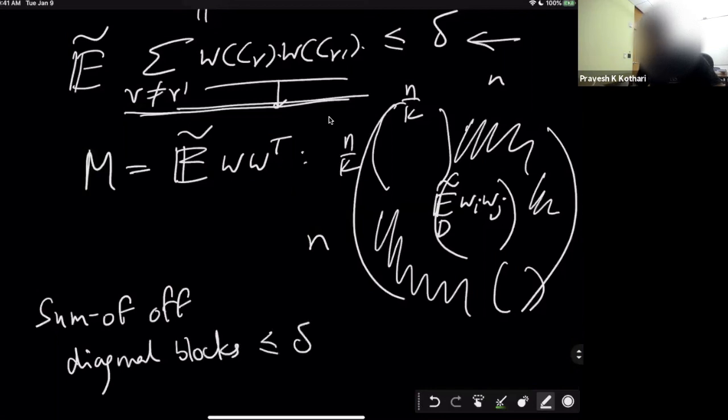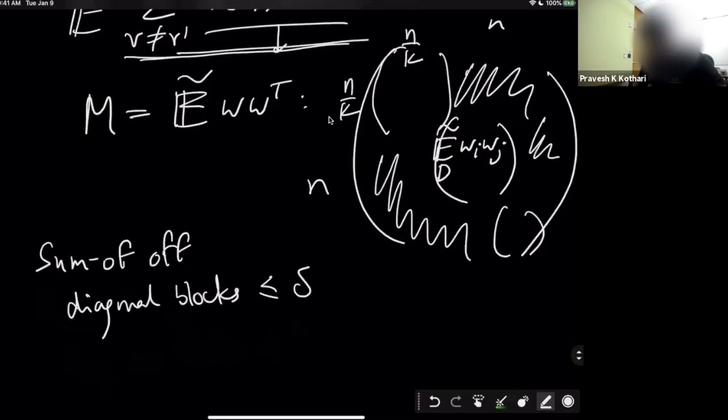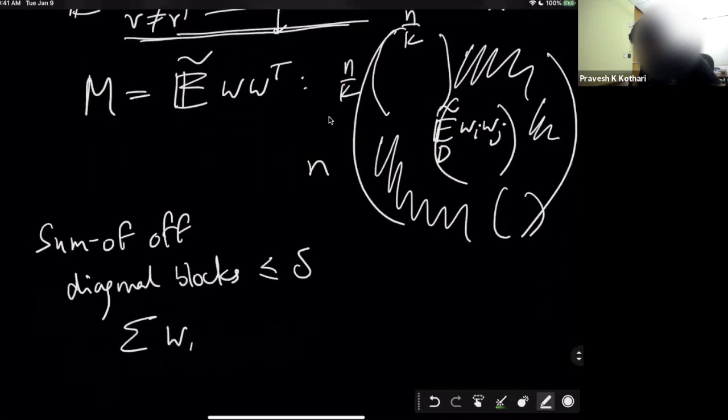Okay. On the other hand, if you look at the sum of the diagonals, what should it be? The diagonals are basically the sum of Wi. And remember, the sum of Wi equals n over k is a constraint. Right? So the sum of the diagonals equals n over k.